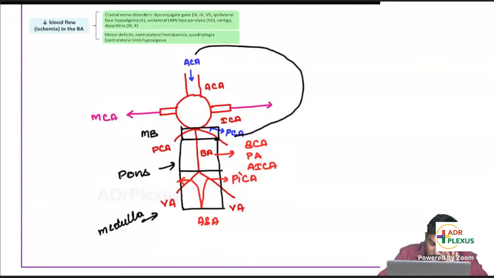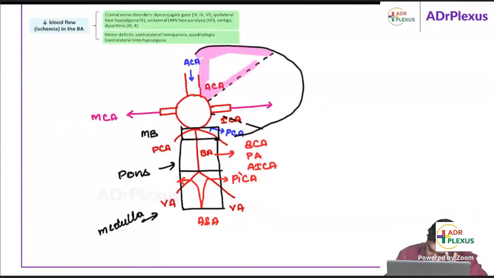So now this is going to be the thing. As you know, I am going to divide this further like this. This is going to be the ACA territory. This is going to be the MCA territory.